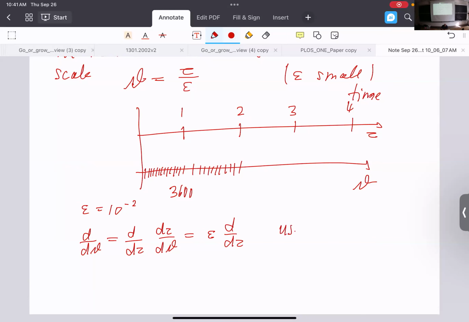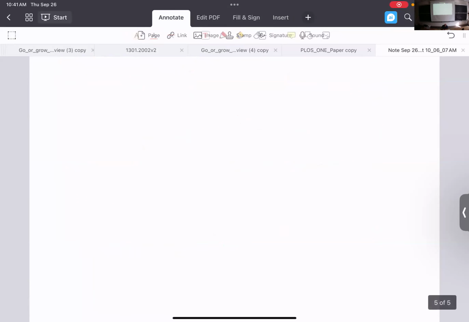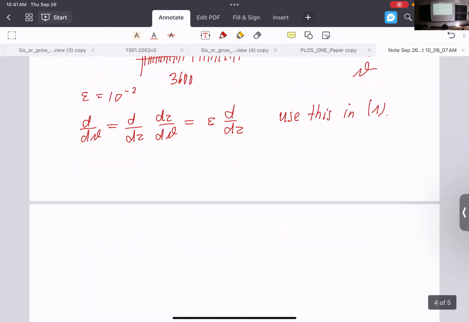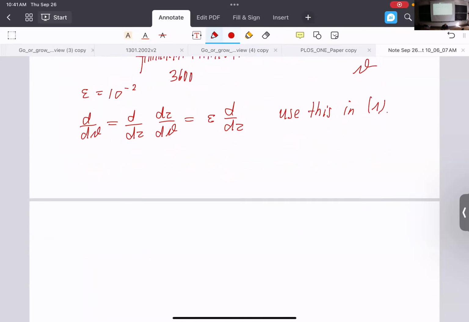So now we use this in equation 1. So 1 was our original model, at the top of our equations. Then we get this. Our previous time derivative d by d tau is now 1 over epsilon d by d theta, and then we can multiply with the epsilon.